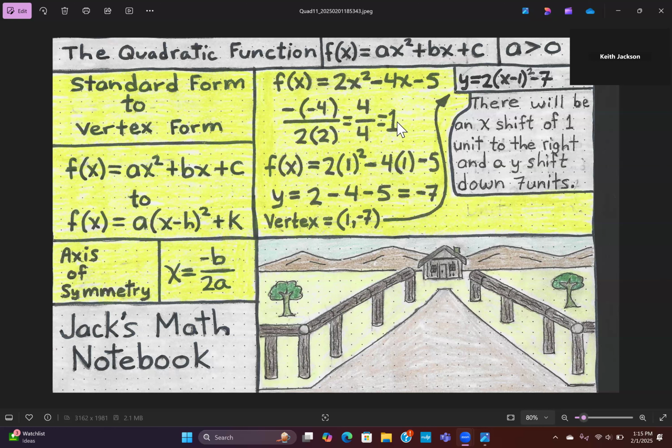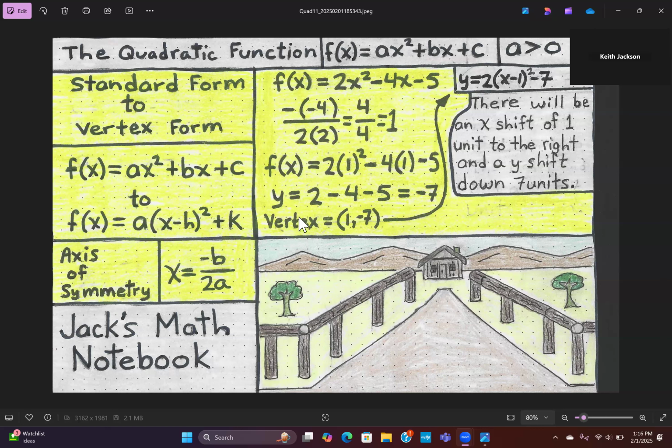All right, and what we're going to do is plug it back into the standard form of the quadratic function and figure out what y is. Every time we see an x, we're going to replace it with 1. So we get 2 times 1 squared, which is really 2 times 1, minus 4 times 1, minus 5.